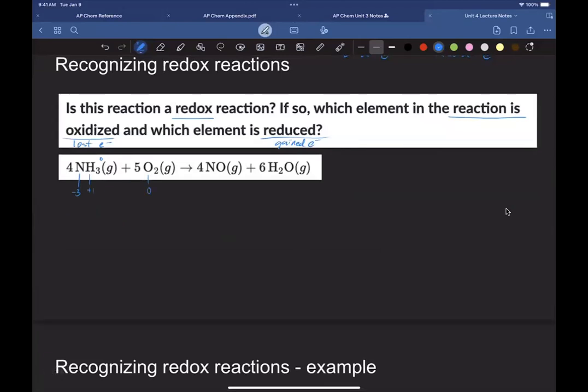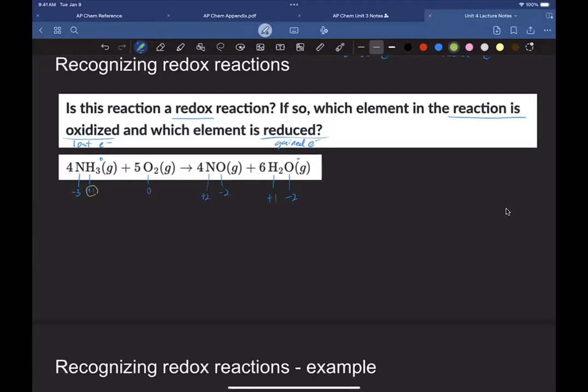Only when it's combined with other elements does O have a -2 charge. O would be -2 in NO because it's combined with N, and N would be +2. Same with H2O. O would be -2, and H would be +1, and it would all equal 0 because there are 2 H.